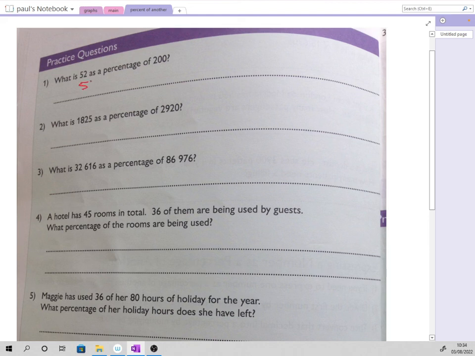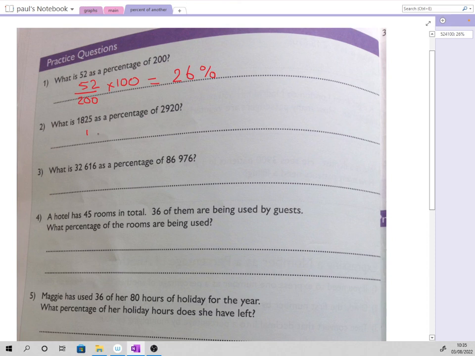So this is what we're after, 52 over 200 times 100, and no point trying to hurt your head with this, times 100 on the calculator, 26 percent.